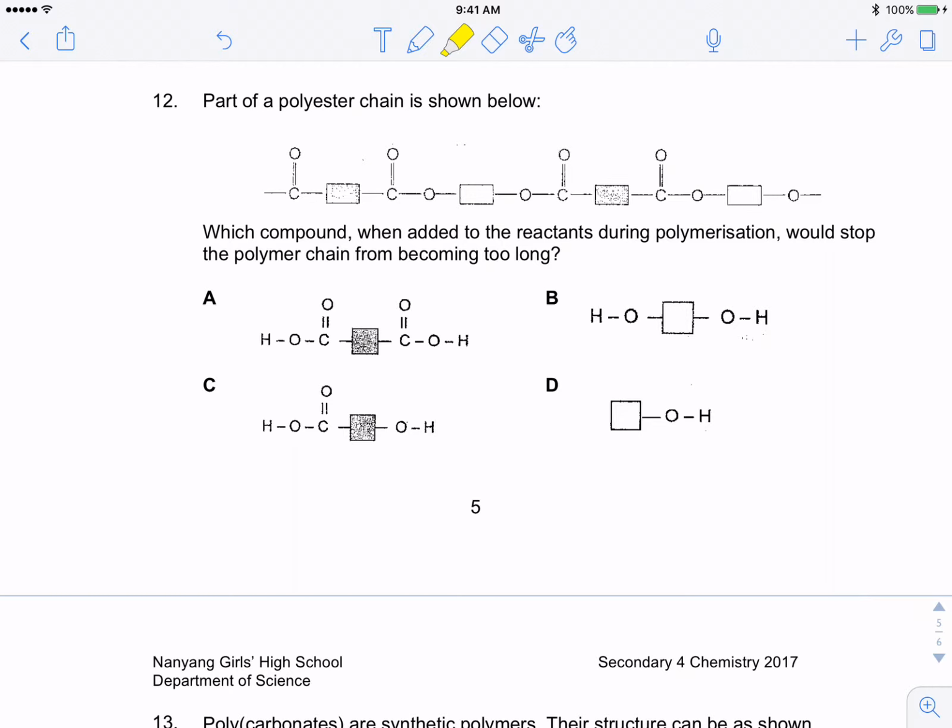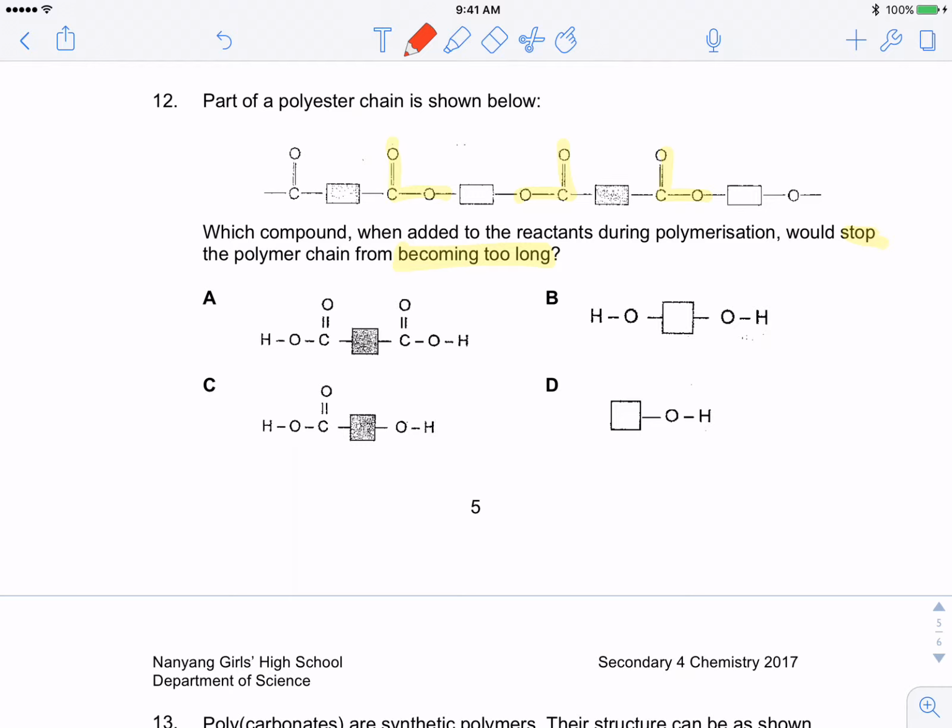Part of a polyester chain is shown below. Which compound, when added to the reactants during polymerization, would stop this chain from becoming too long? Now I think this will be the question that most students will have problems with. Again, you need to recognize what type of reaction this is.